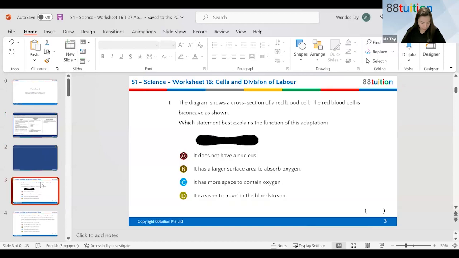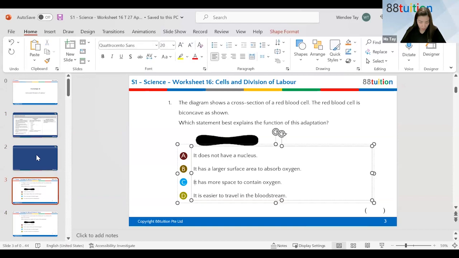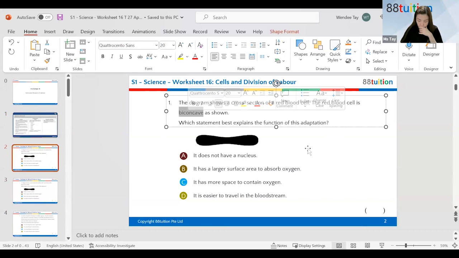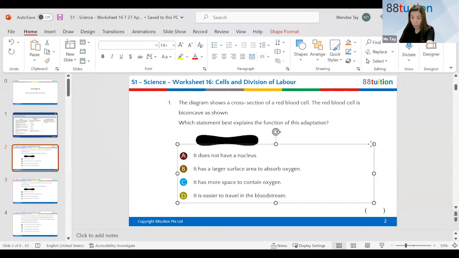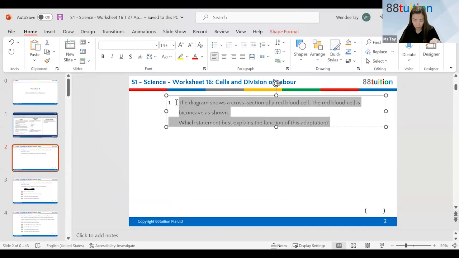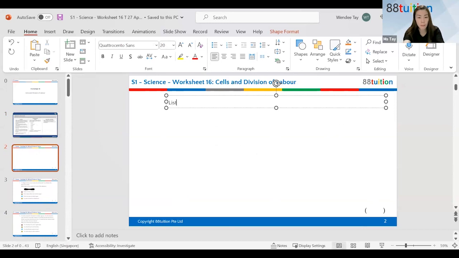Okay, I'm going to ask you something, but it's not going to be that difficult. Okay, let me just type it out. Can you see what I have typed?